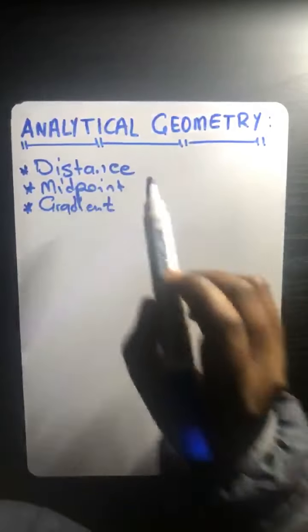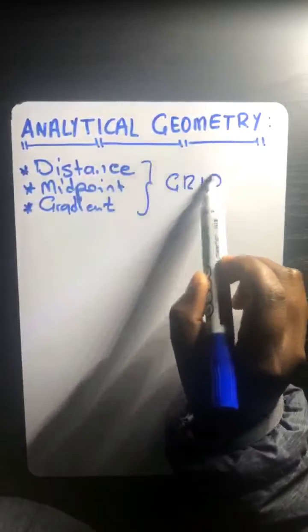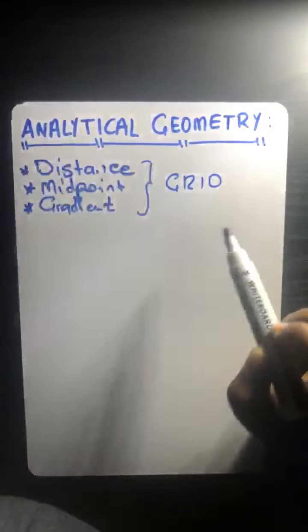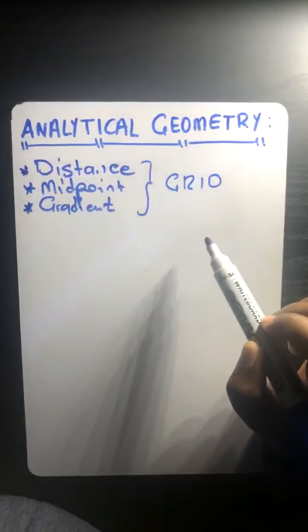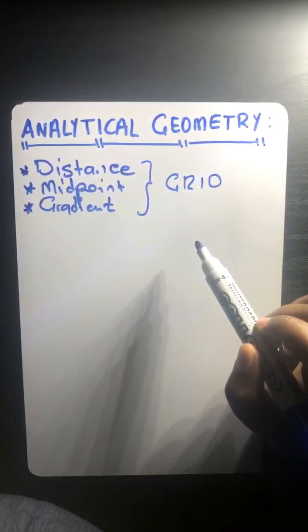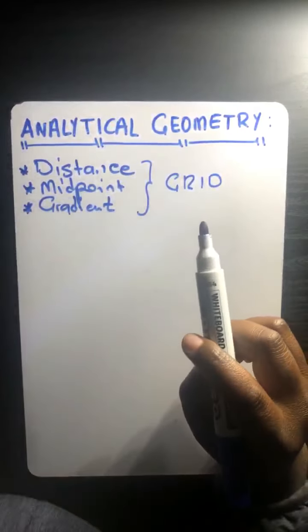This is part of a grade 10 revision. Then as soon as I've introduced you to these three formulas, we will go deeper into what you should expect in grade 11 and 12. You should know these formulas by heart.